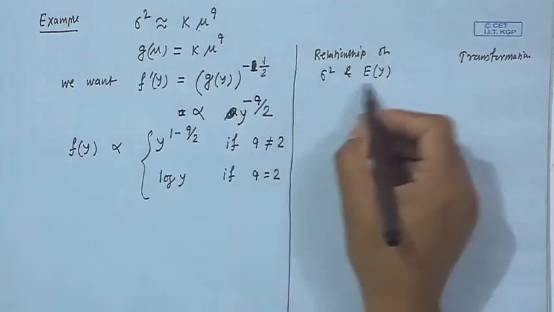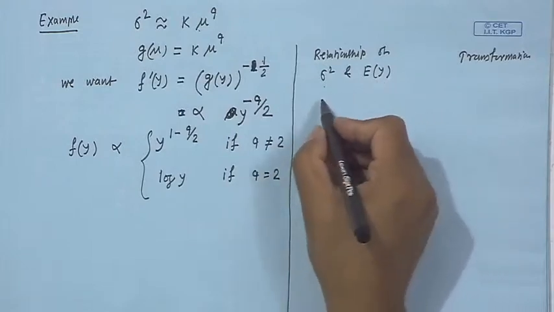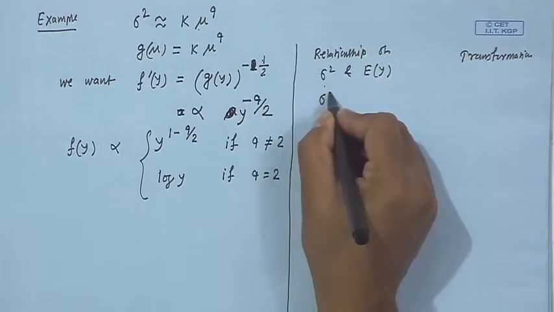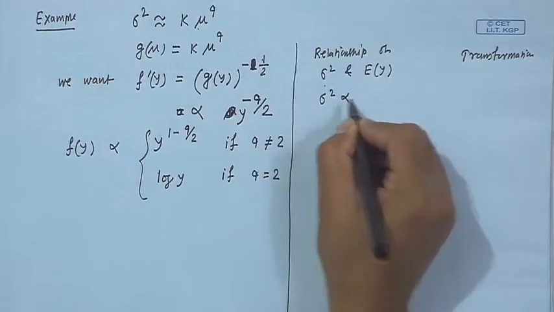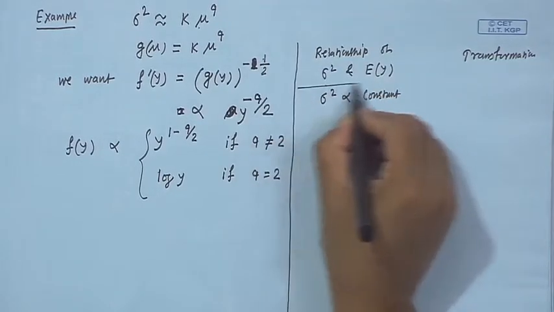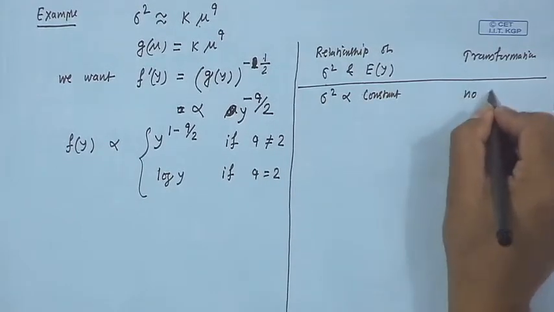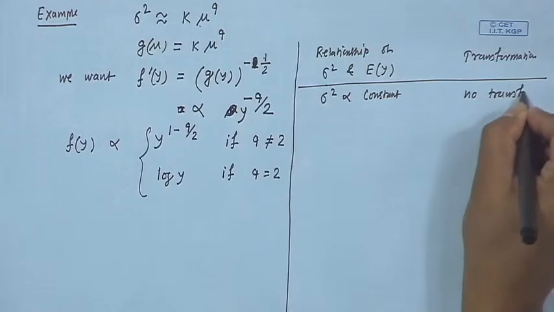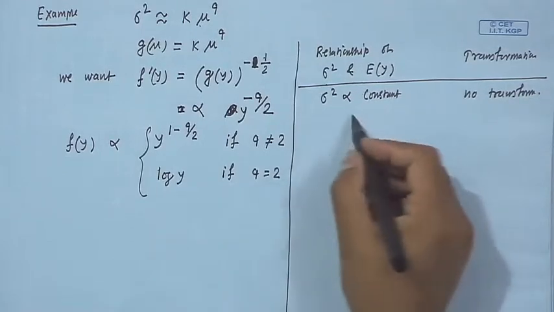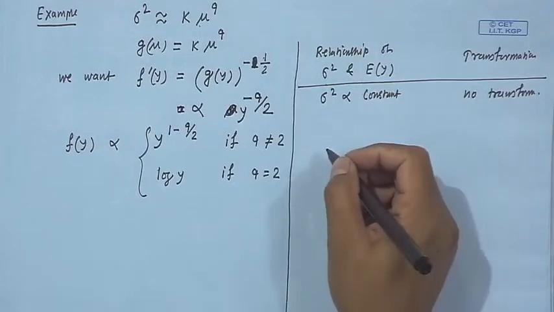Suppose the relationship between variance and mean is this, sigma square is proportional to constant, then you do not need to take any transformation, no transformation, because the constant variance assumption is satisfied here.